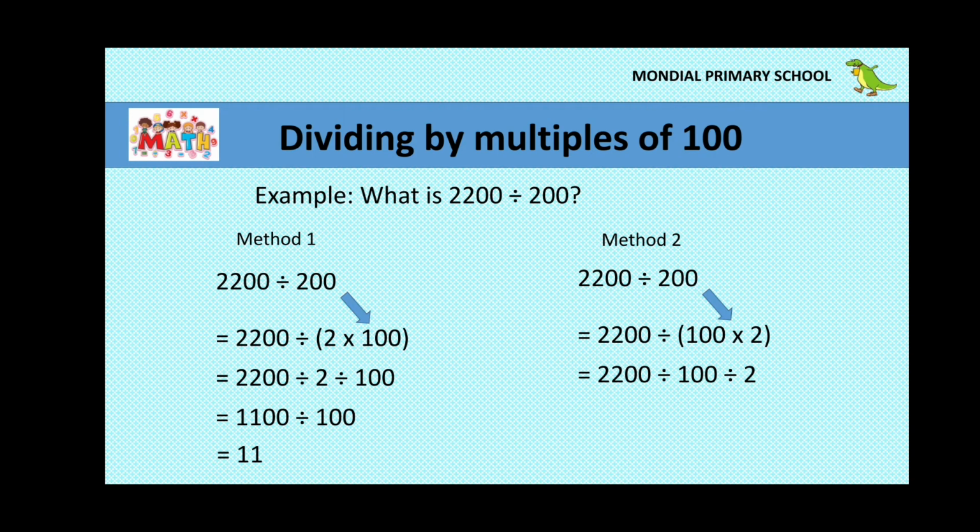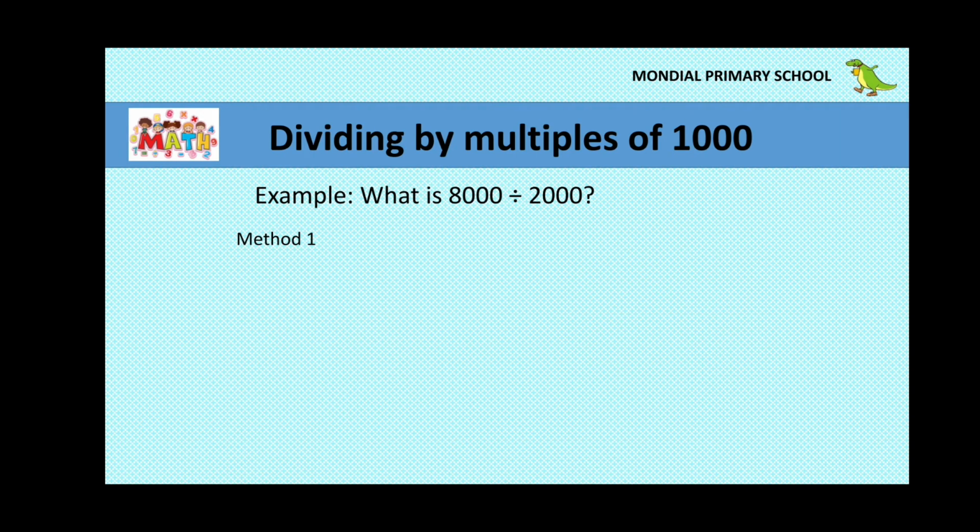It is 22. Great. 22 divided by 2 is equal to 11. We have the same result, right? Okay, the last one. What is 8,000 divided by 2,000?